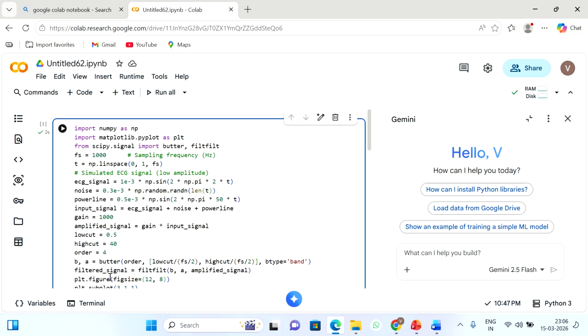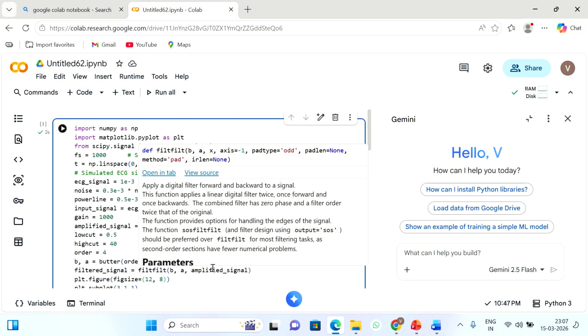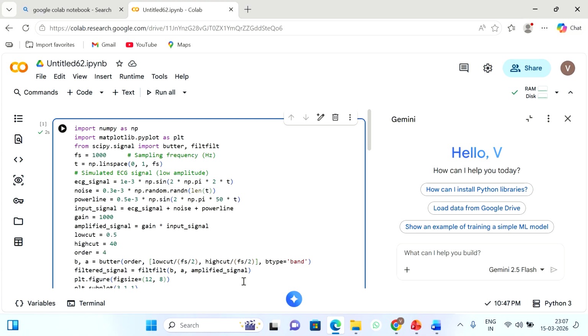And then filtered_signal is equal to filtfilt, open bracket B comma A comma amplified_signal. So now what is the meaning? This applies the filter to the amplified signal. B comma A are filter coefficients. Amplified signal is the signal being filtered. Then filtfilt applies the filter in the forward and backward direction.